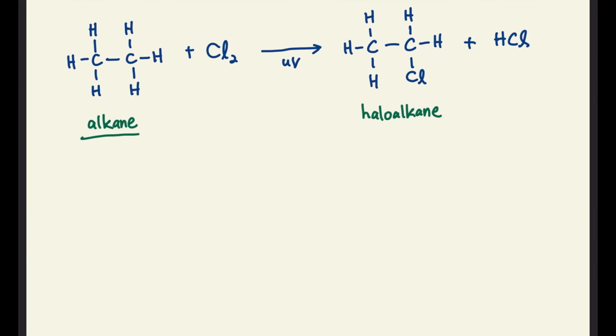However, when we react it with halogen, with the presence of UV light, there will be a reaction, and it is very specific. Firstly, as we can see here, the hydrogen atom at this carbon is replaced with chlorine atom. Therefore, it is a substitution reaction.